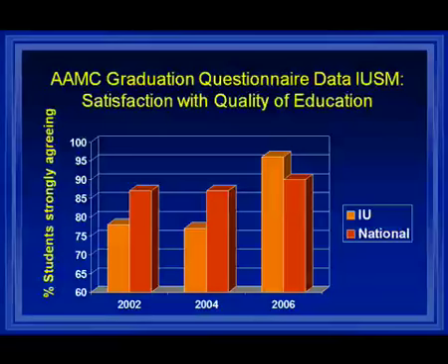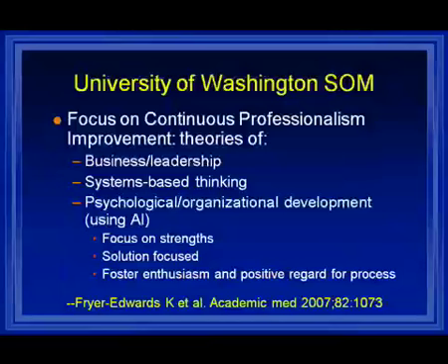And you can see that in 2002 in orange, IU was below the national average, actually below 80%. About the same in 2004 when they initiated this AI project. And over 2005, and I'm showing you 2006, a tremendous increase in the scores, the agreement satisfaction with the quality of education, and they even exceeded, as you can see on the right, national averages.